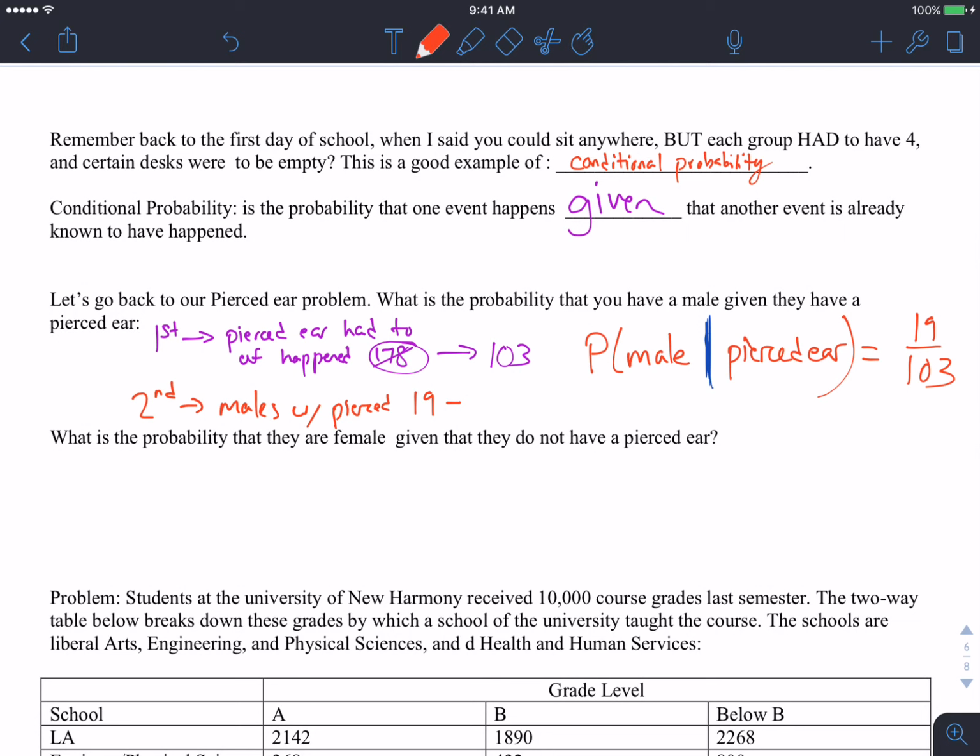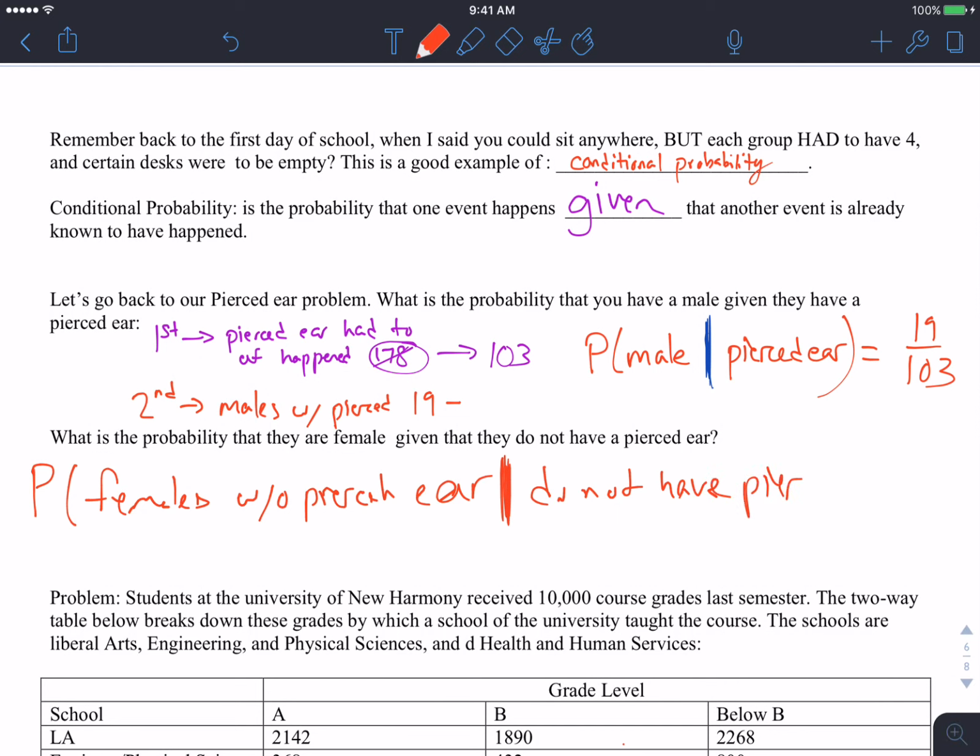What is the probability that they're female given they don't have a pierced ear? So I'm going to write this like this. Probability of female given do not have pierced ear.